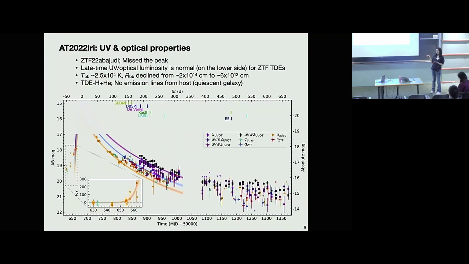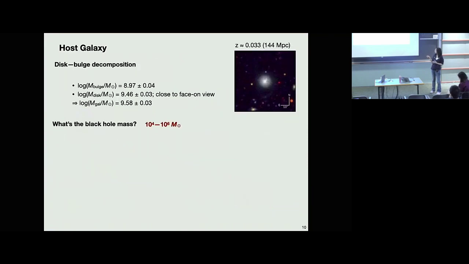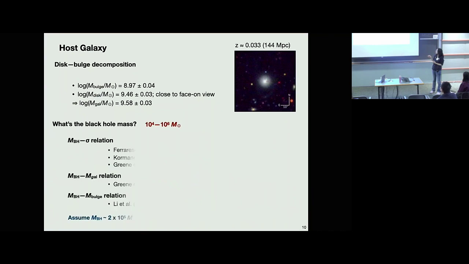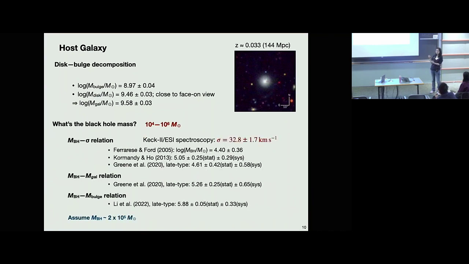The host galaxy does not have any AGN emission lines, nor does it have any historical X-ray detections, so it's a quiescent host. My collaborator at Peking University did a disk-bulge decomposition using archival images, showing that it has a pseudobulge and a disk component that is close to being viewed face on. In terms of the black hole mass, there is quite a large uncertainty here, because using different scaling relations, you get different answers.